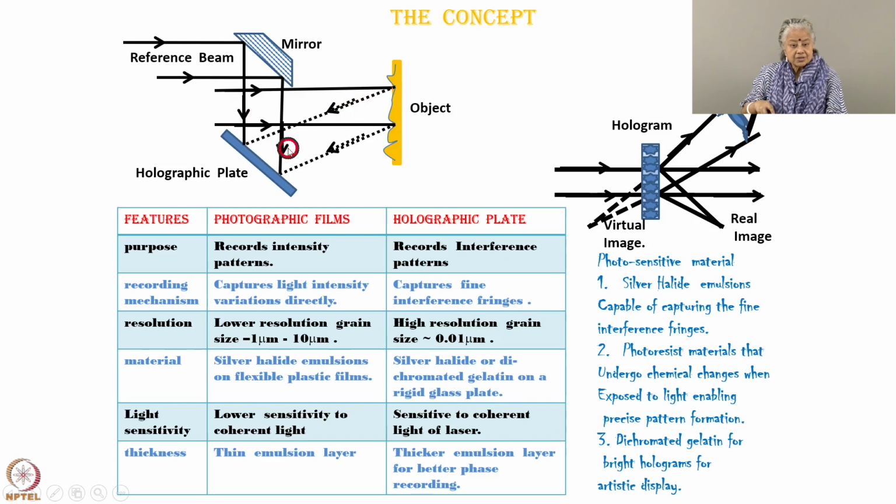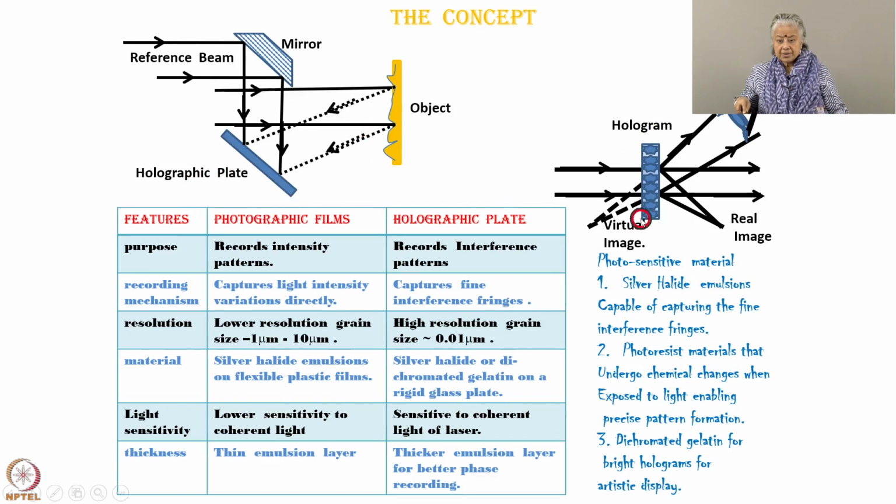So I have an interference between these two, and the interference is, in a coded way, writing on this holographic plate everything about this object. Now the second part of this is, here is the holographic plate, I will call it the hologram, and I have shown it here.